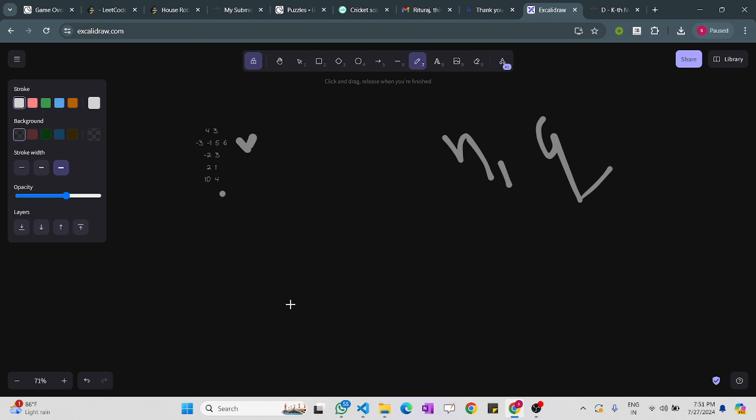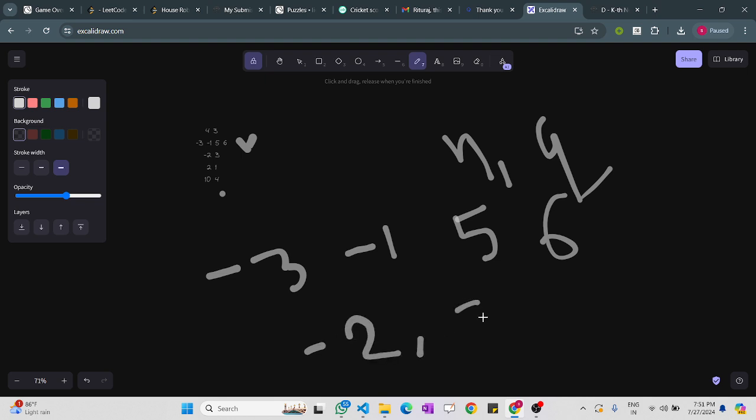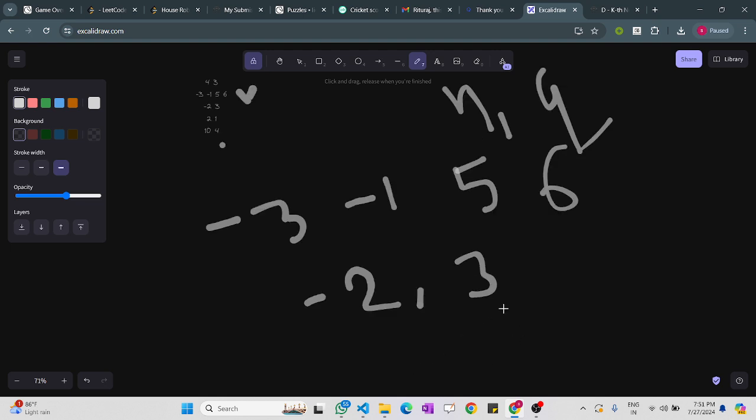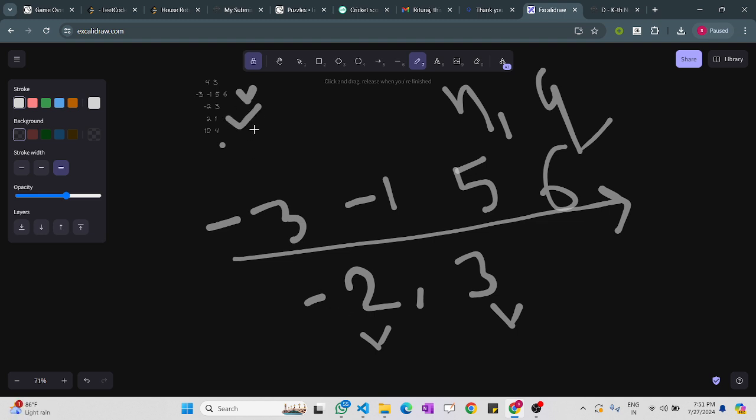So what has been asked is that you have been given this vector -3, -1, 5 and 6, and for the query -2, 3, you have to find the third smallest distance from the point -2 to all the points given in vector v. Similarly, for 2, 1, you have to print the first smallest distance of the point 2 to all the points.